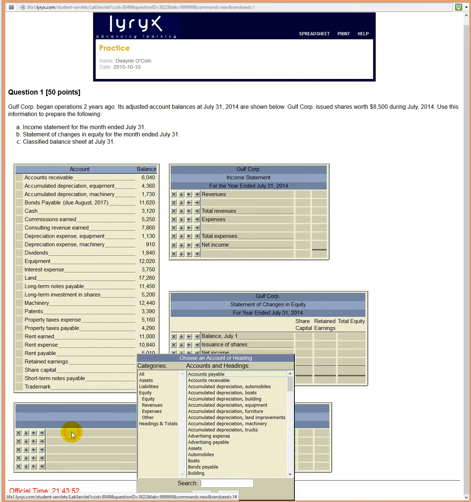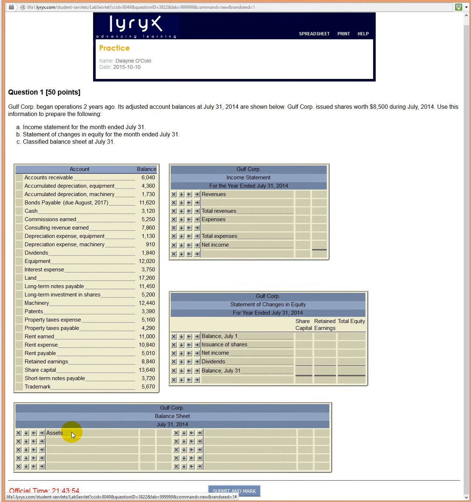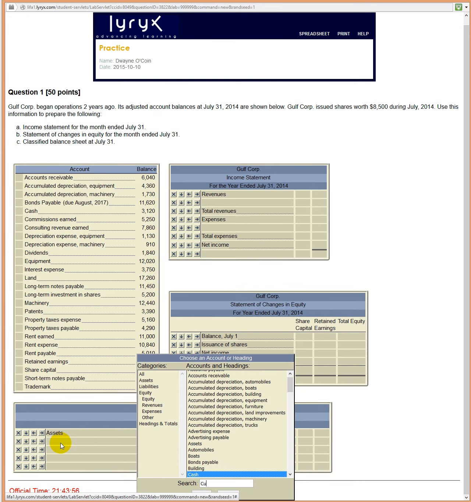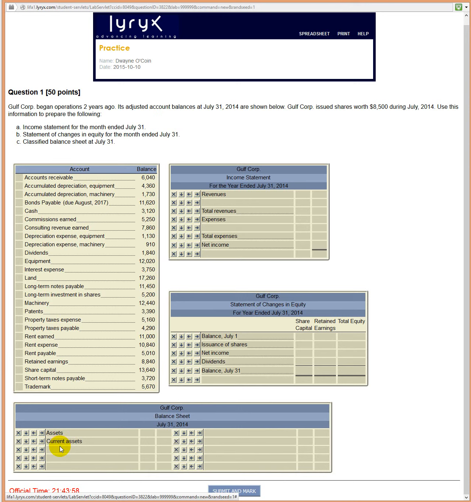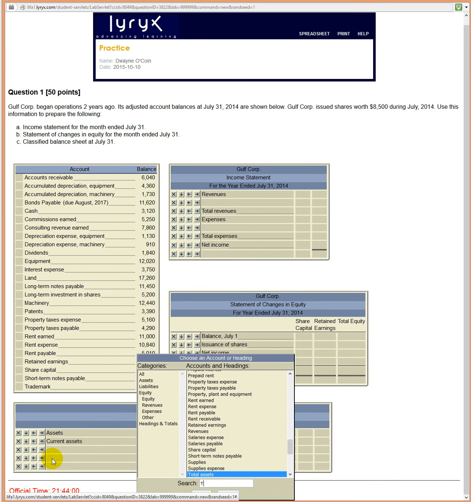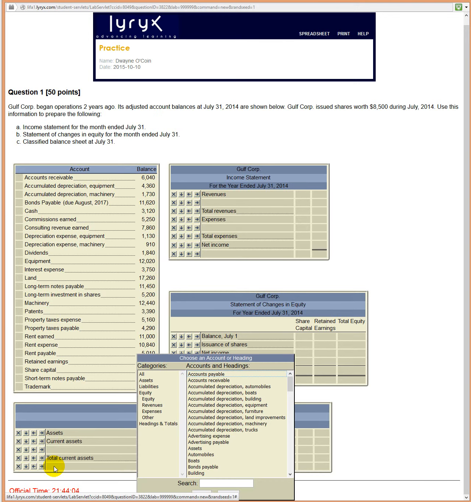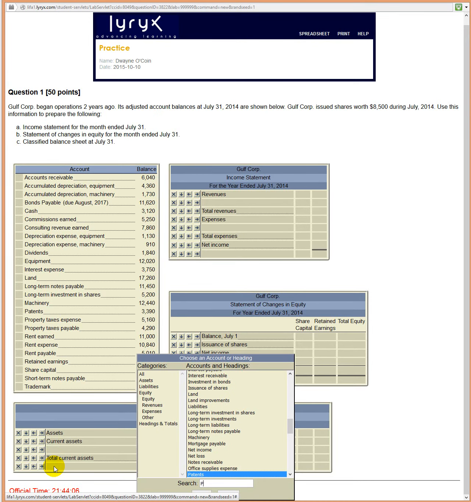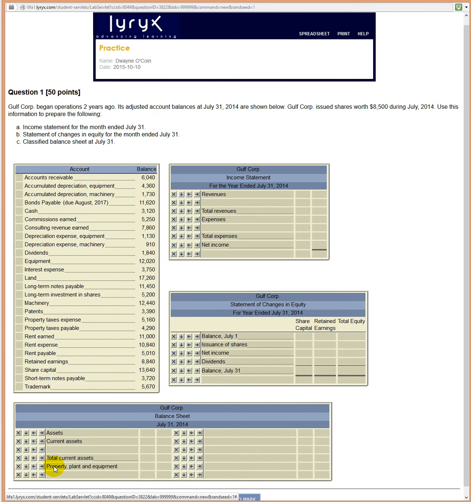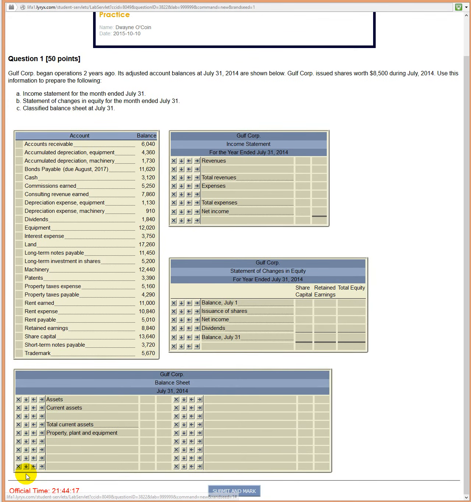On the balance sheet, we have the asset side, followed by current assets, and then we need a total current assets, and then we need property, plant, equipment. We have that as heading, and we need to give ourselves some room here.